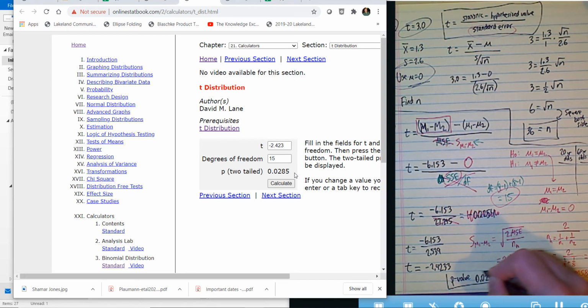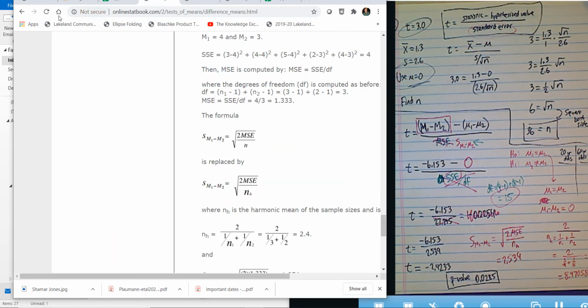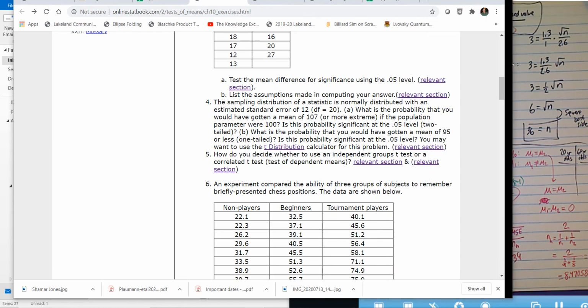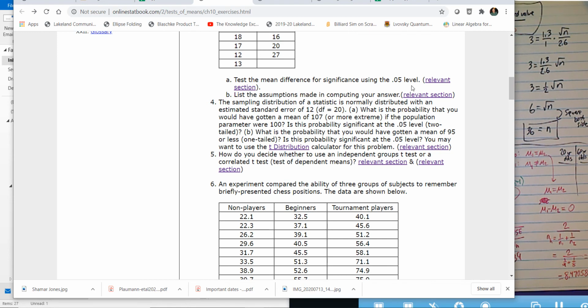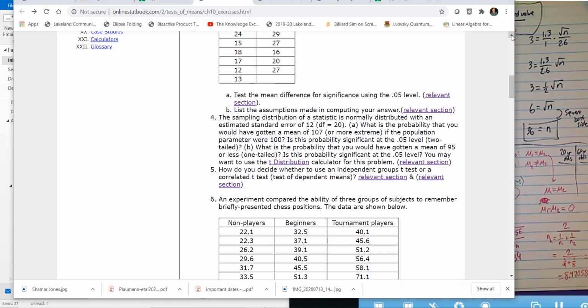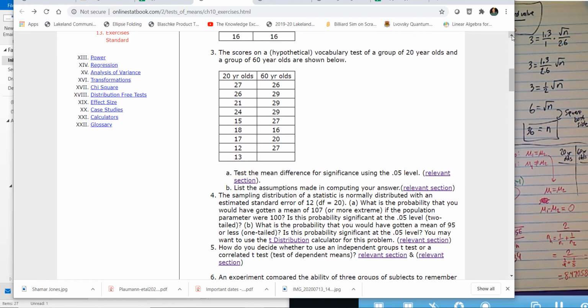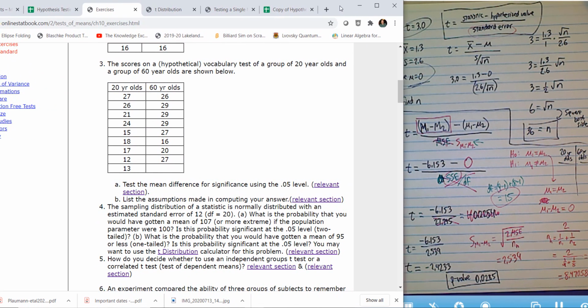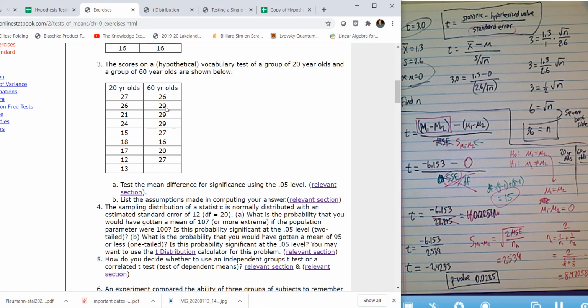And so we might say this is a significant difference. And so I guess I should really go back to the problem and see what it was asking again. Test the mean difference using the 0.05 level. And I'm going to say, yeah, there is a significant difference between the vocab test scores of the 20-year-olds and the vocab test scores of the 60-year-olds.